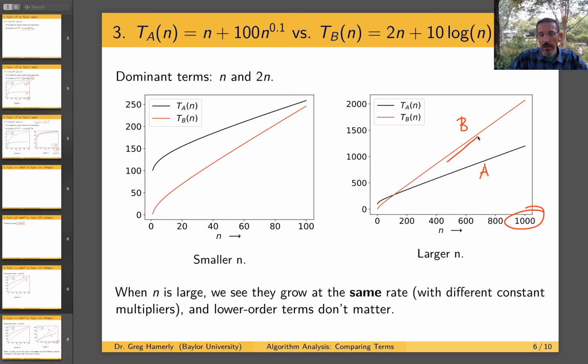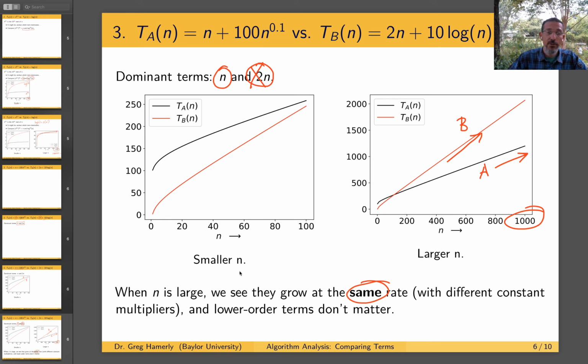Notice that this is a linear growth rate, and this is also a linear growth rate. We know that these are both linear because the dominant terms are n and 2n, which both grow linearly. And if we ignore the constant coefficient, which is 2, then we would say that these actually both grow at the same rate. Low order terms don't matter, so 100 n to the 0.1 doesn't matter, 10 log n doesn't matter, and the constant coefficients don't matter.